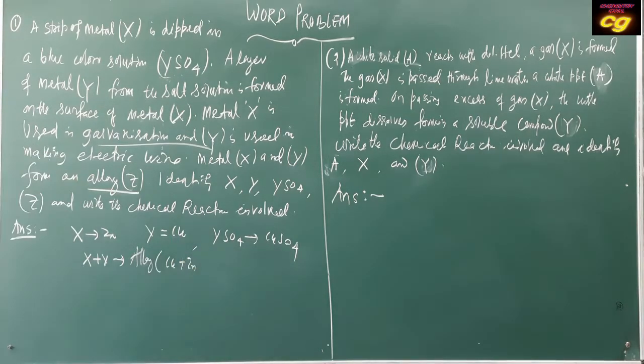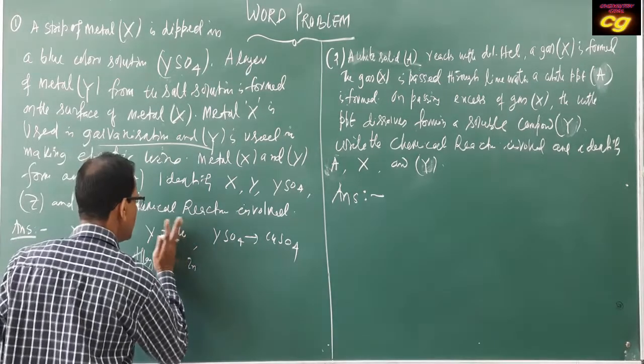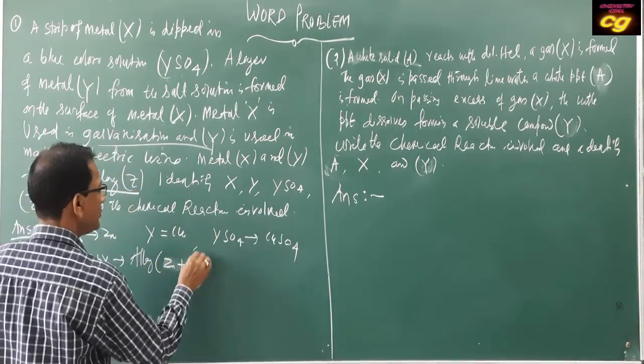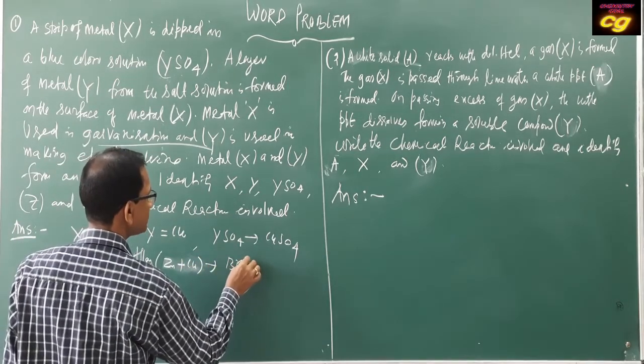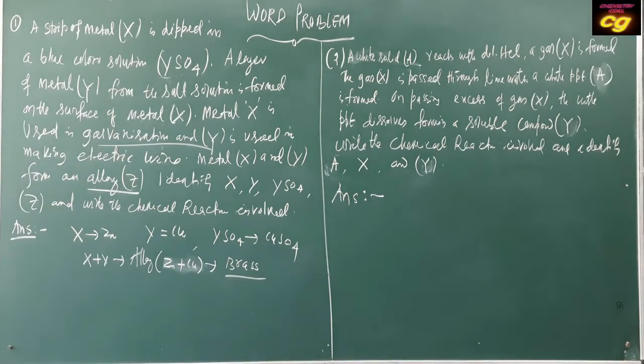Zinc plus copper, don't be confused. Zinc plus copper, that is called brass. The alloy is called brass.